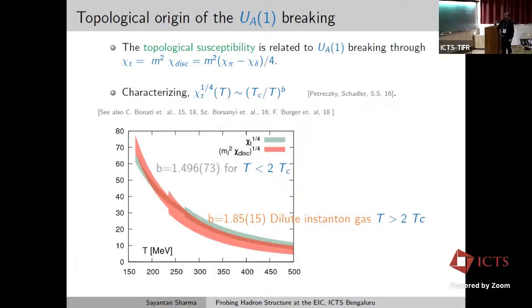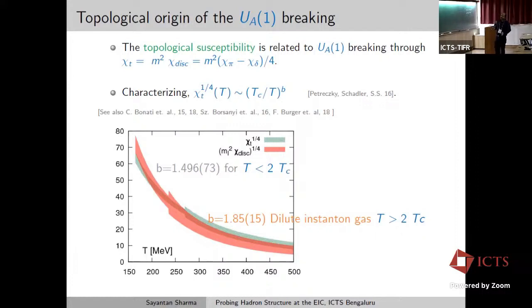So one can calculate these two quantities independently. This disconnected piece can be calculated from the fermion Dirac operator, the inversions of it. And the topological susceptibility can be calculated from the gluonic side, like using F F-dual operators on the lattice, but an improved version of it. And the green plot shows this calculation of the topological susceptibility.